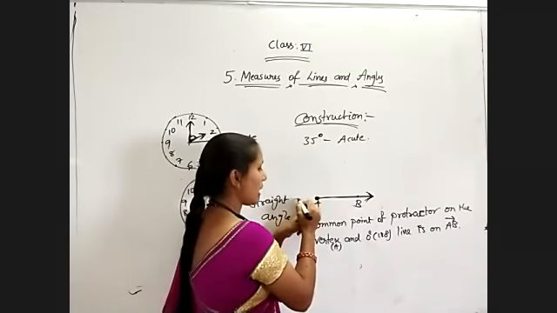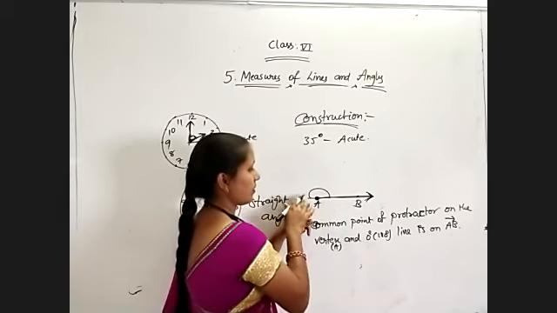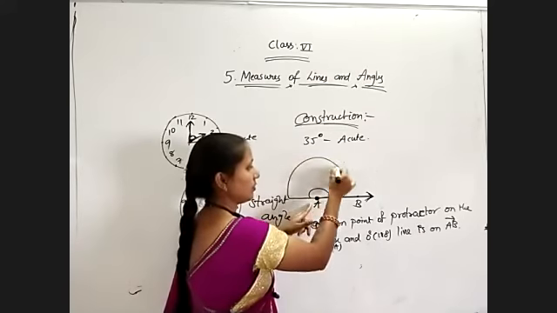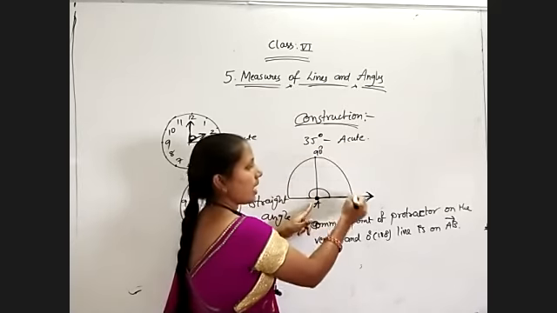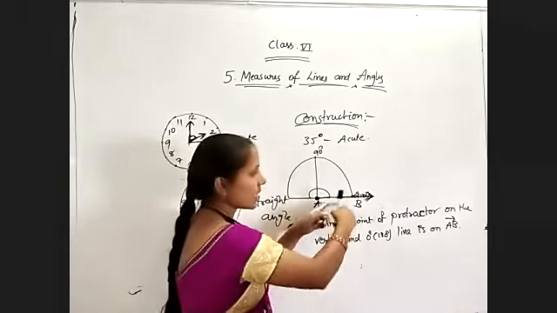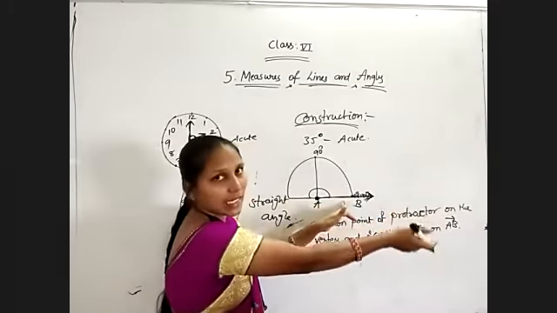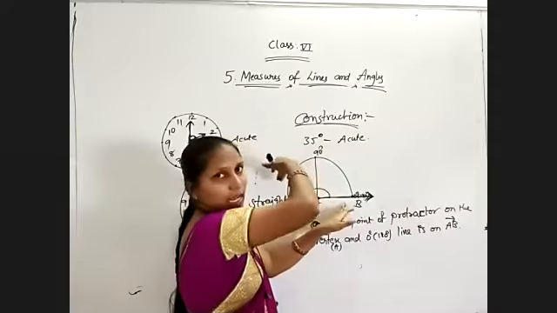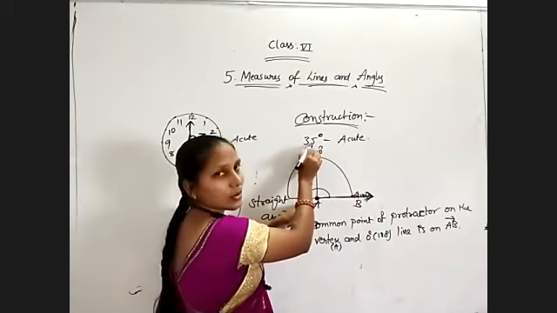So how will I get the protractor? I'll get it like this. Here 90 degrees, and it is 0 and 180 degrees. Because here 180 degrees, this AB is spreading in anti-clockwise rotation. It is moving in anti-clockwise rotation. I want to take the inner values. How many degrees do I need to construct? 35.